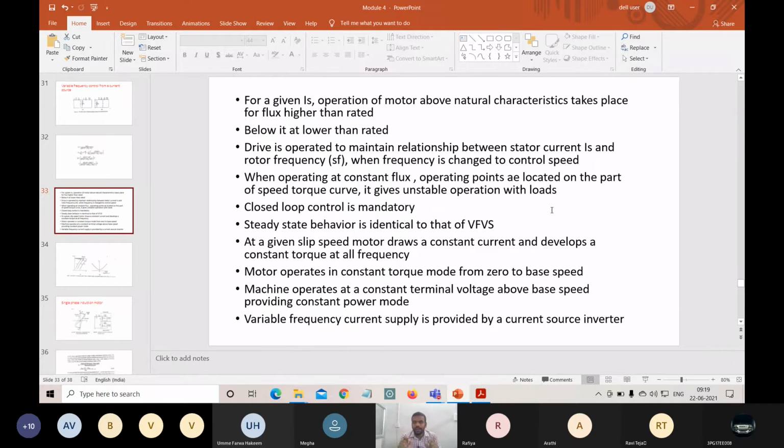Also, in order to get the current values at the terminals of your VSI or at the motor, these current values will be compared in the PI with the current obtained by the flux controller block. So this is about the closed loop control strategy of speed control, also torque control.